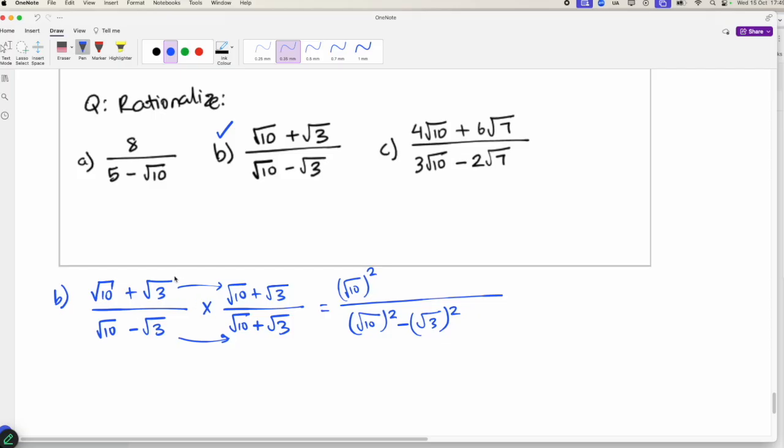Whenever you're dealing with this situation, that is the root of 10 squared plus 2 times the root of 10 times root 3 plus the root of 3 squared.